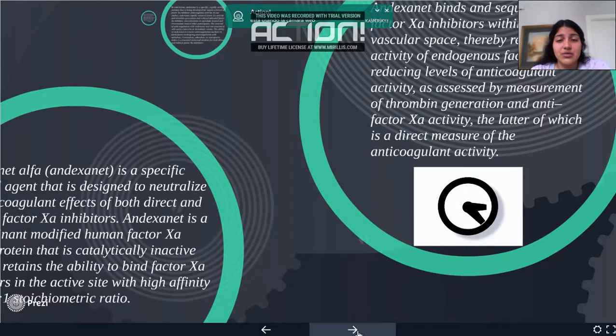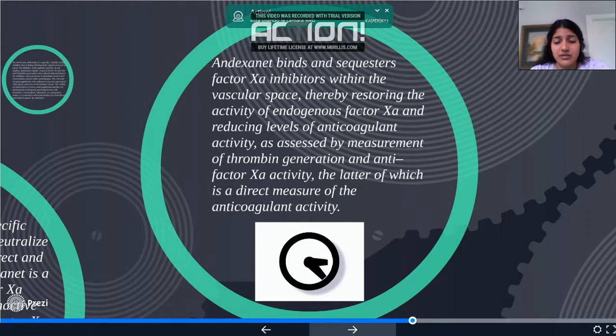Andexanet binds and sequesters factor Xa inhibitors within the vascular space, thereby restoring the activity of endogenous factor Xa and reducing levels of anticoagulant activity, as assessed by measurement of thrombin generation and anti-factor Xa activity, the latter of which is a direct measure of the anticoagulant activity.